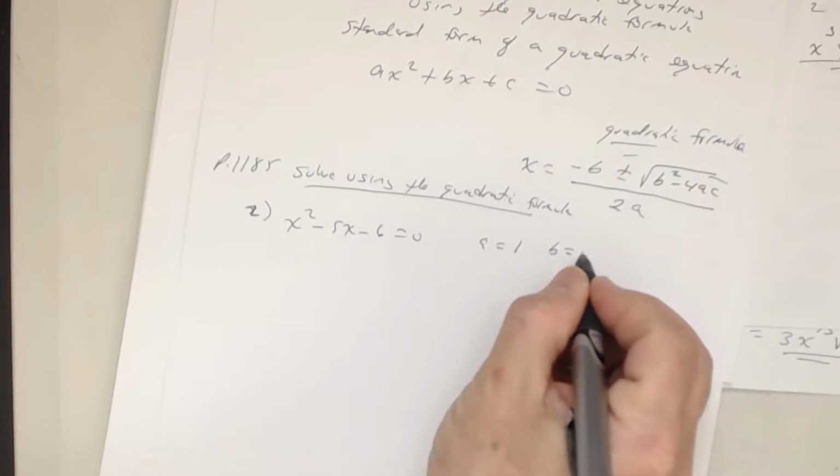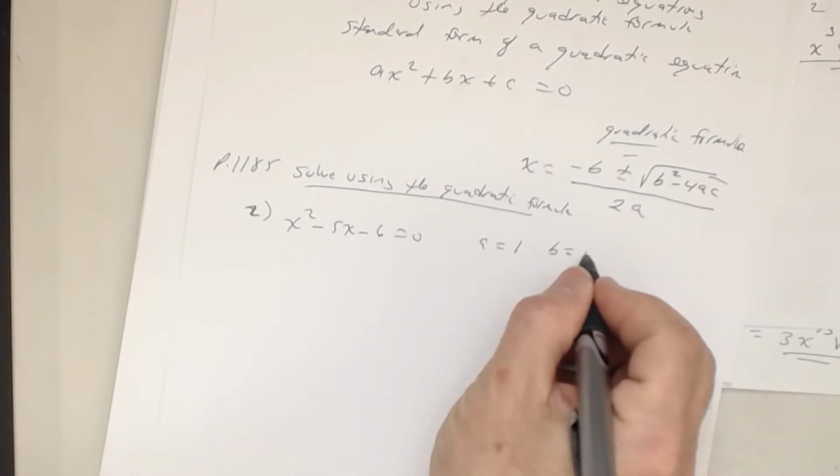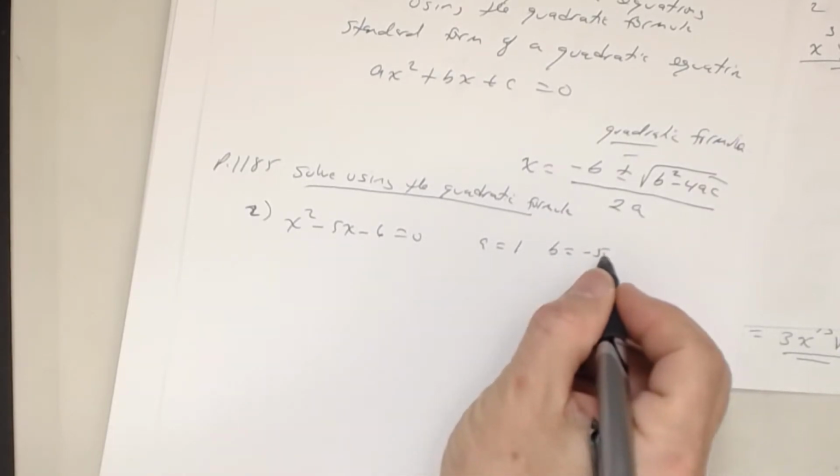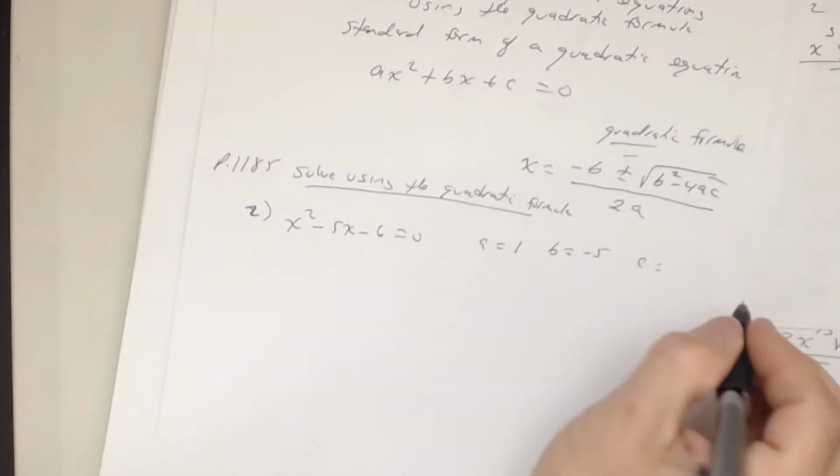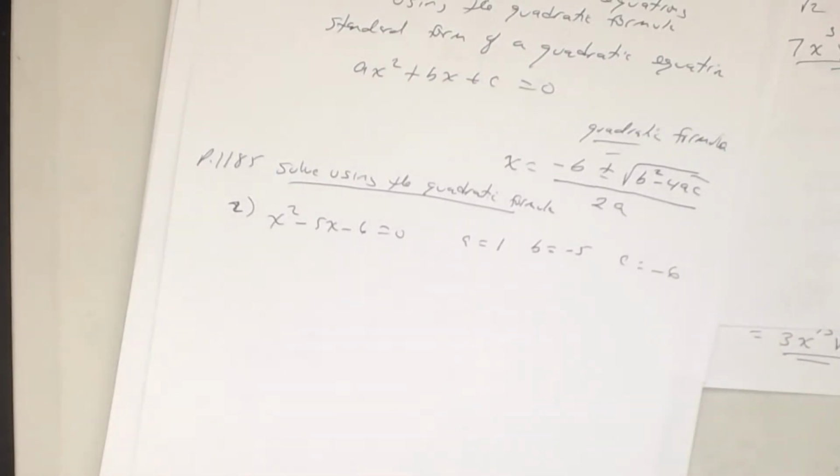B equals what? Not 5. Negative 5, the coefficient of x. It's negative 5, not 5 and not 5x. And what is your constant C? Negative 6. So A is 1, B is negative 5, and C is negative 6.